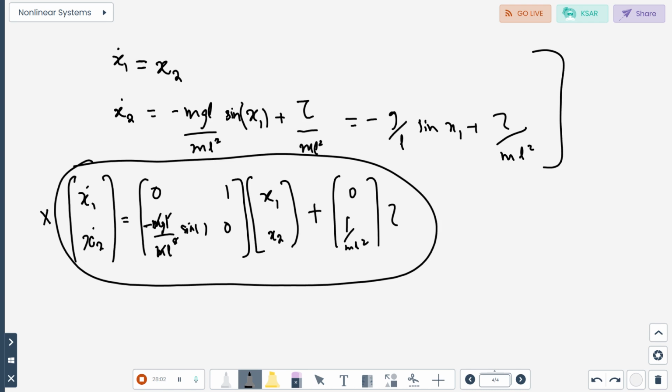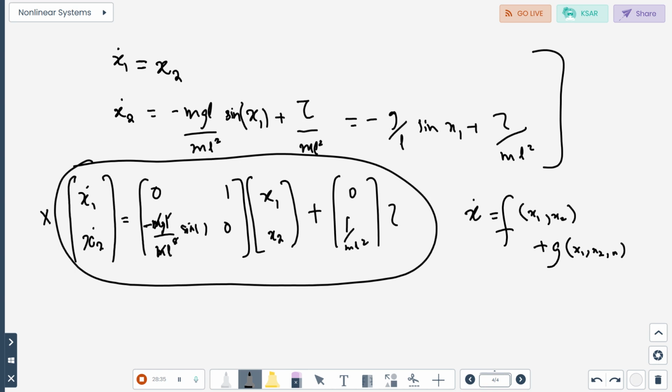So this here represents your state space model of your non-linear system, that of an inverted pendulum, and you can actually say x dot is equal to f of x1, x2 plus g of x1, x2, u.